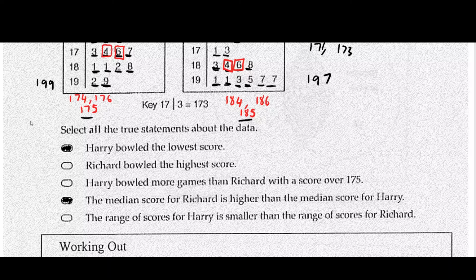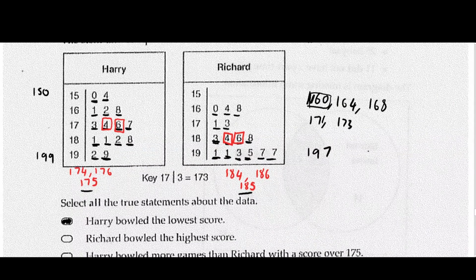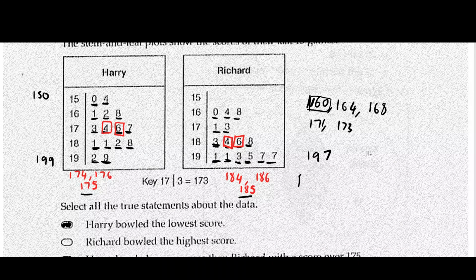The range of scores for Harry is smaller than the range of scores for Richard. So let's look at the range. The range is equal to the largest take the smallest. So we've got for Harry, I'll do Harry first here.